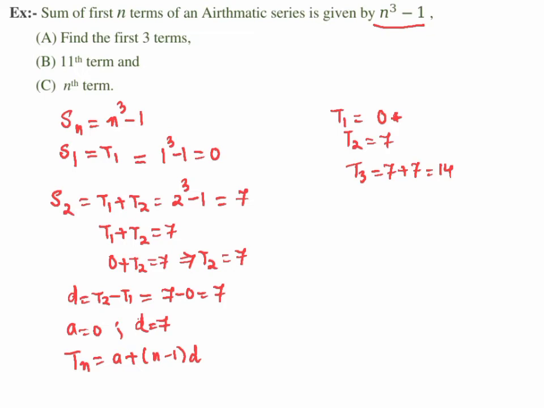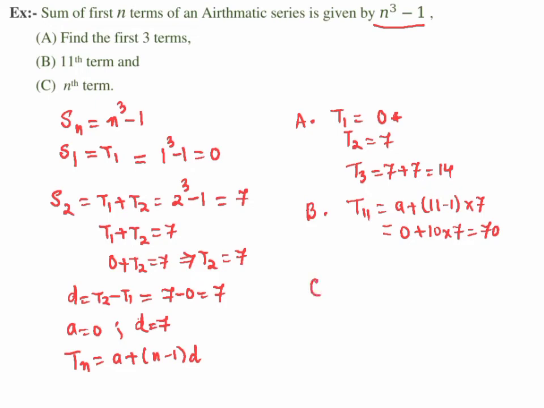Now we have to find the 11th term. The 11th term will be what? T11 will be A plus 11 minus 1 into 7. That will be 0 plus 10 into 7, that will be 70.